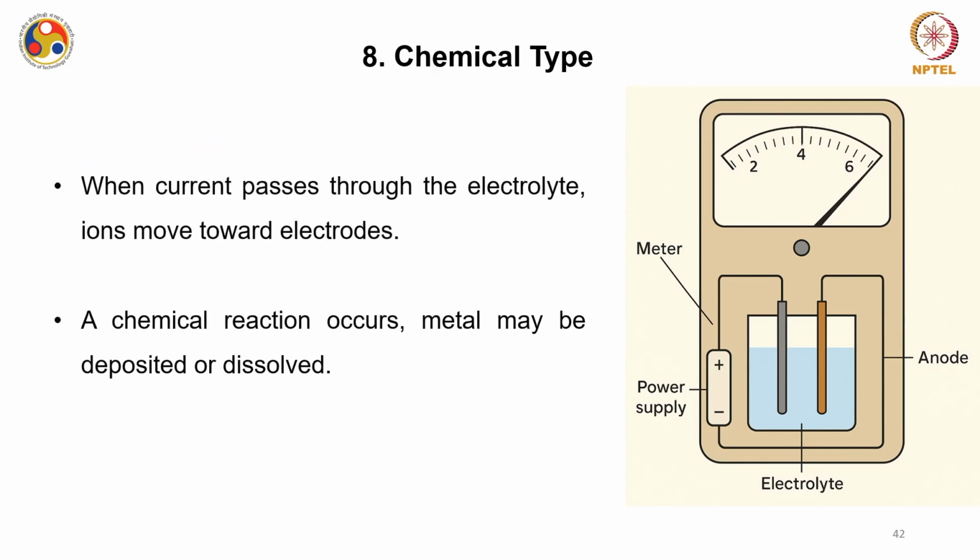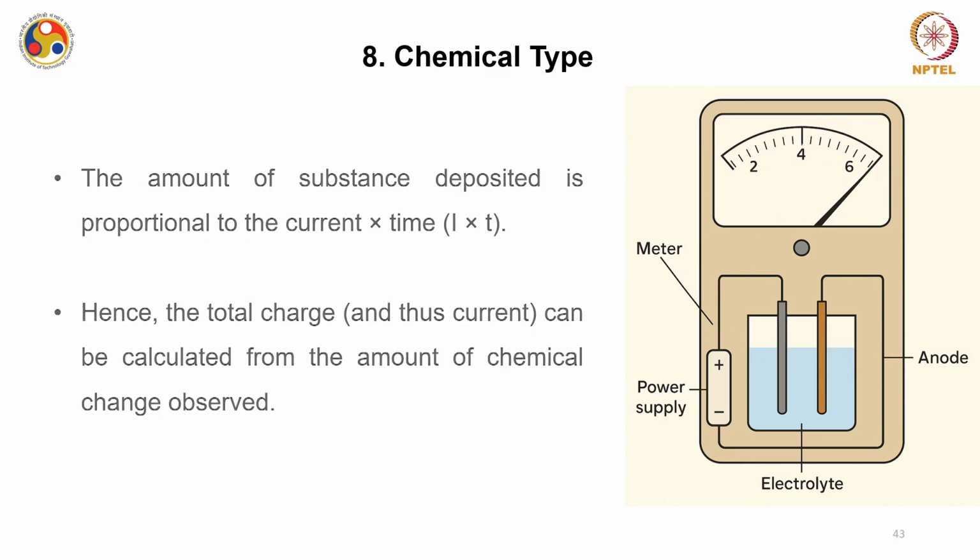When current passes through the electrolyte, ions move towards the electrodes and a chemical reaction occurs. In these reactions, metals can be deposited or they can be dissolved in the electrolyte. The amount of substance deposited is proportional to the current value multiplied by the time value.